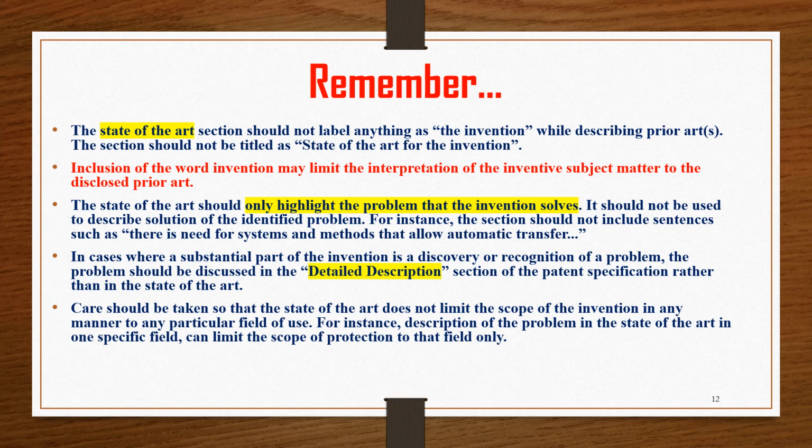Next point: care should be taken so that the state of the art does not limit the scope of the invention in any manner to any particular field of use. For example, description of the problem in the state of the art in one specific field can limit the scope of protection to that field only.